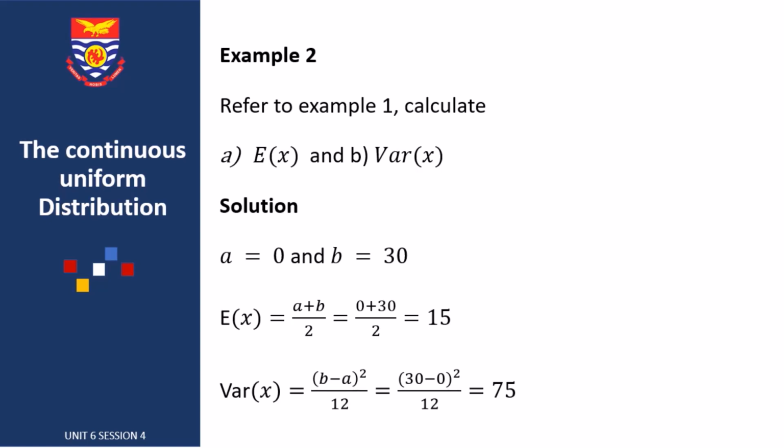So our expectation, or the mean, is 15. For the variance, that's (b minus a) squared over 12, so we have 30 minus 0 all squared, divided by 12, which gives us 75 as our answer, right? 75. Sure, that's very clear.